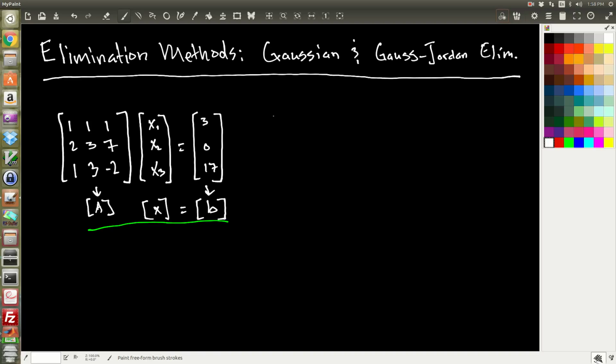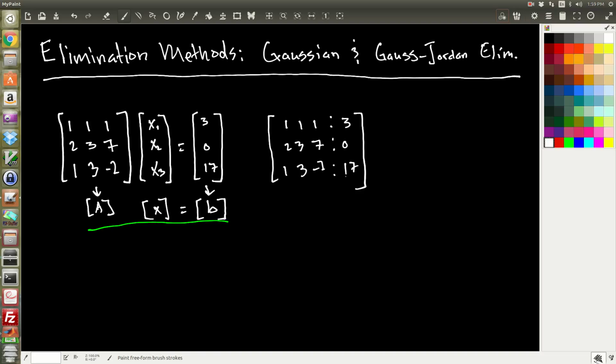So I'm going to write my A matrix, which is 1, 1, 1, 2, 3, 7, and 1, 3, minus 2. I'm going to put a little dotted line here to show that I'm augmenting this matrix with this vector. I'll put the b vector over here, 3, 0, 17, and make this look like one big matrix.